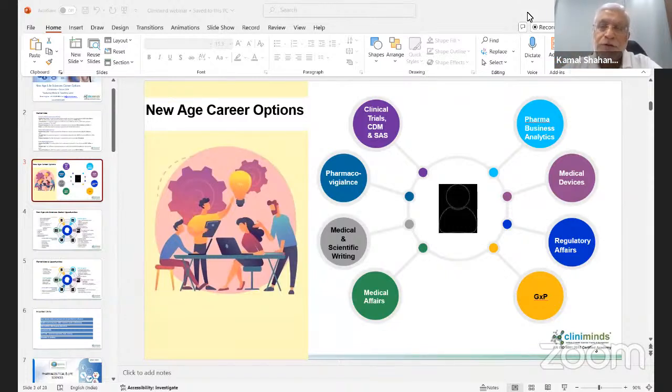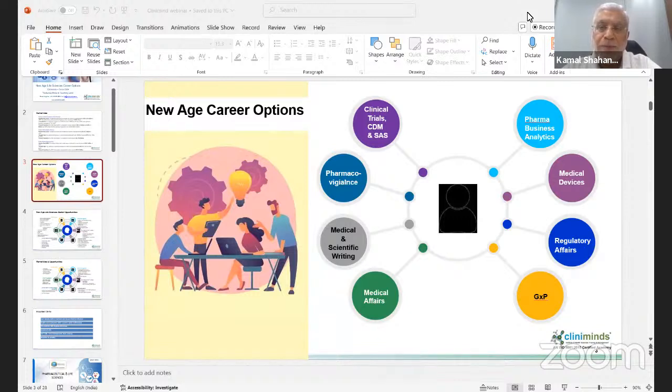Another area which is growing now is medical and scientific writing. This area is less for freshers. Once you acquire a certain amount of exposure in regulatory, clinical trials, pharmacovigilance, medical devices or analytics, you should explore career opportunities in medical writing.